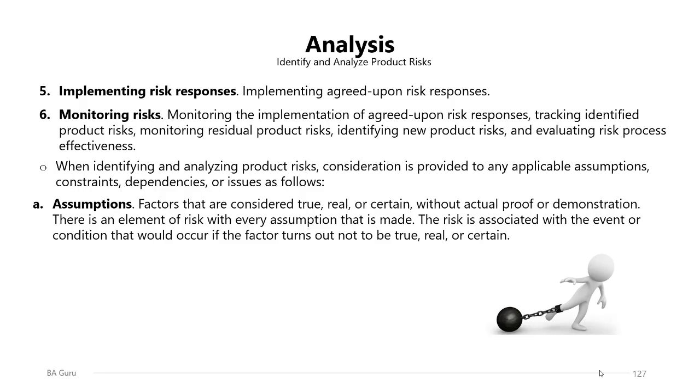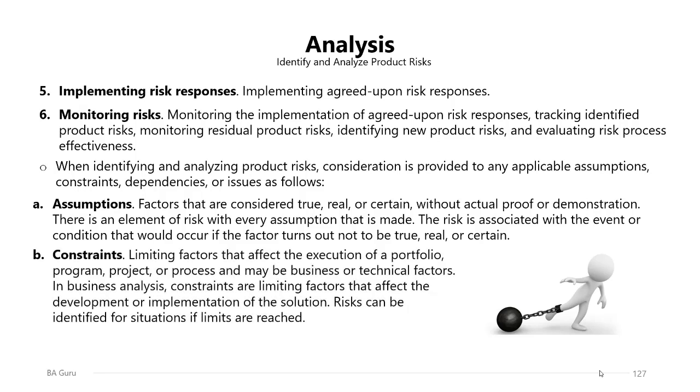There is an element of risk with every assumption that is made on the project. The risk is associated with the event or condition that would occur if the factor turns out not to be true, real, or certain. If you are planning for your project and you made some assumptions and these assumptions were not true for any reason, most probably you will have a risk of this invalid assumption.